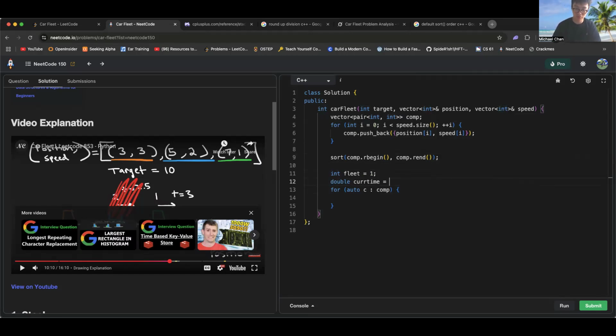This will be a double target minus... I think this works.